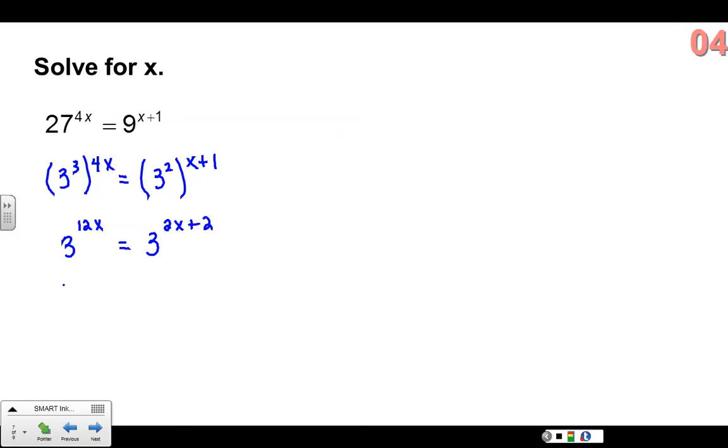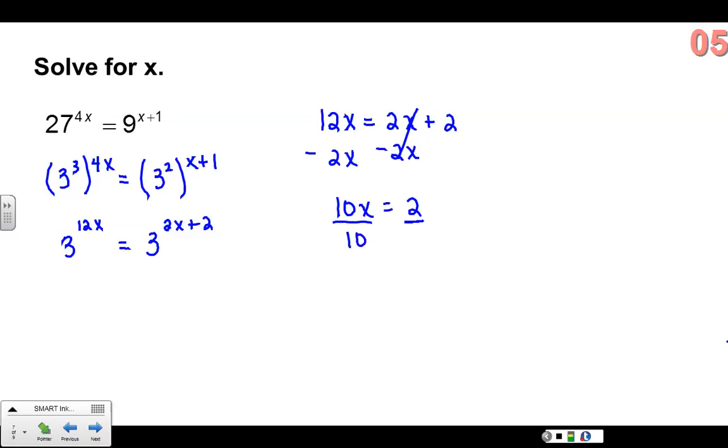Notice now I have like bases, so I can equate the exponents. So 12x equals 2x plus 2. To solve this equation, I'm going to subtract 2x from both sides. That leaves me 10x equal to 2. Divide both sides by 10. 2/10 can reduce to 1/5.